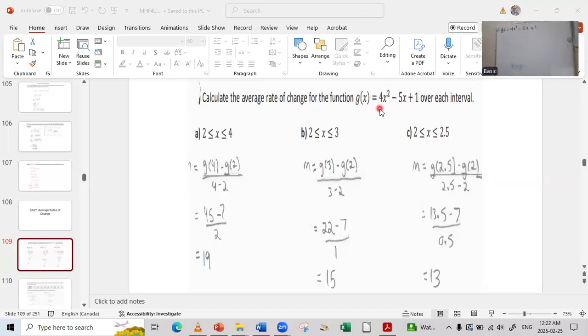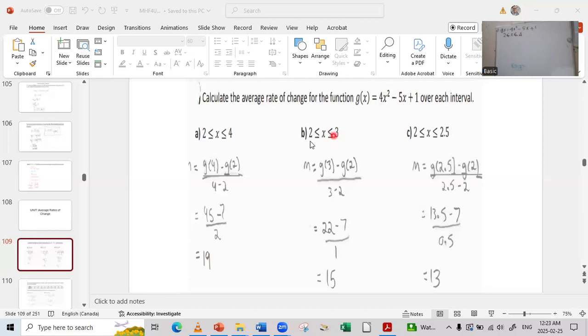This is the main function which we have, and I need the period where 2 is less than x and x is less than 4, or x is between the range of 2 and 4.